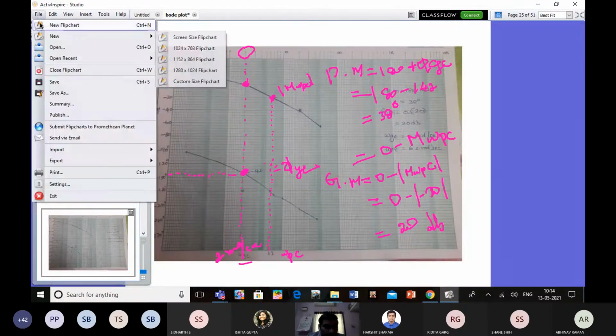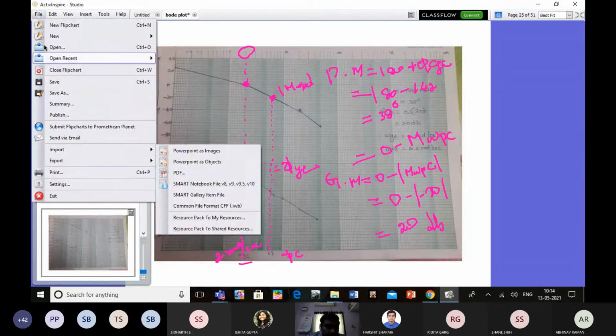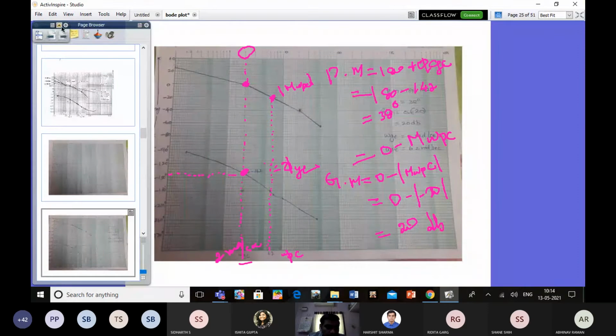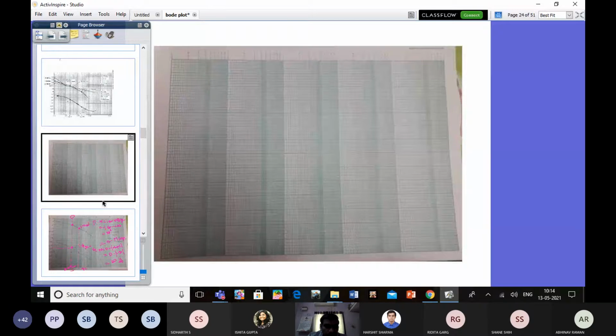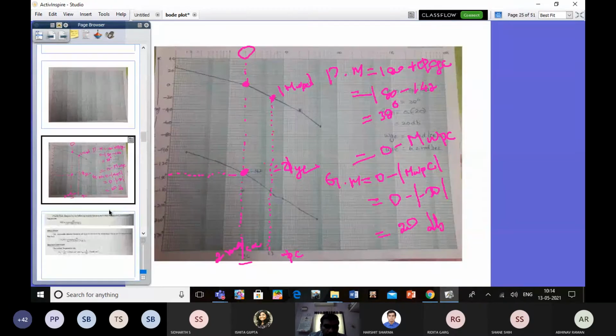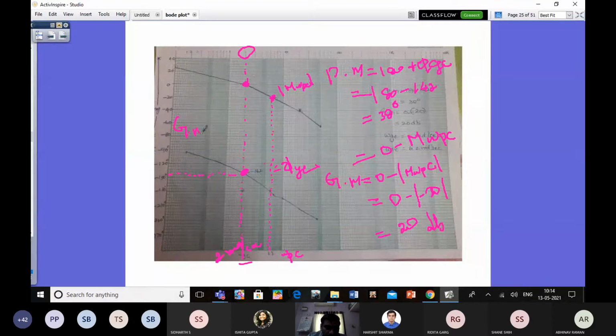I think you are considering this thing. Okay, 1 minute, I will rewrite it. So consider gain margin is equal to 0 dB minus magnitude of omega PC.